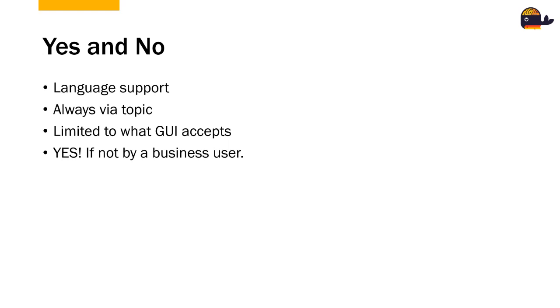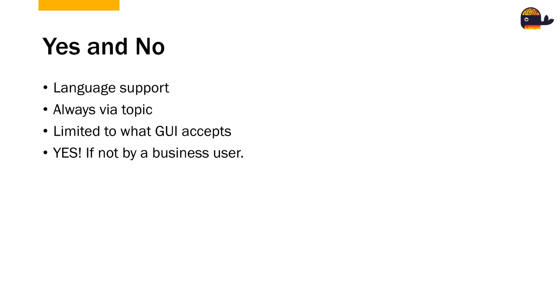As I said, there's no way to have the knowledge, the QnA Maker, as a main item of your Power Virtual Agent chatbot, like you have in Bot Framework Composer, where you could say if there's no topic found with a good scoring, well then send the question to QnA Maker and see if an answer can be found out there. You are limited to what the user interface accepts, which is actually normal, and that's the same with other GUIs. If you do things in code, you're more flexible.